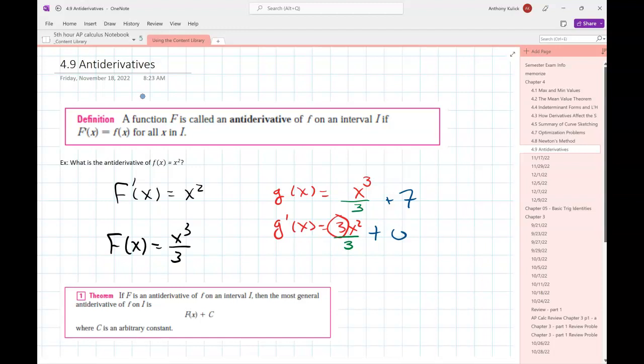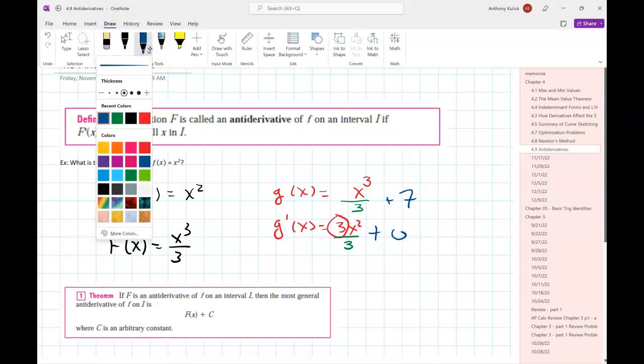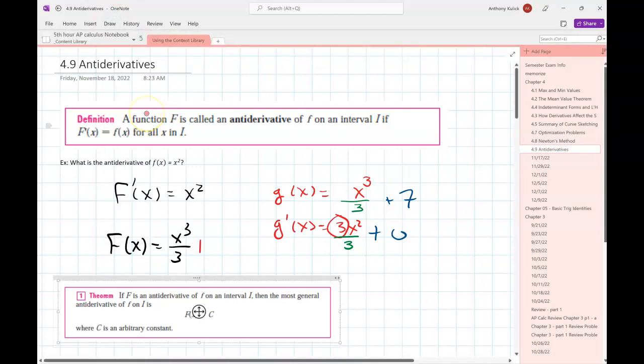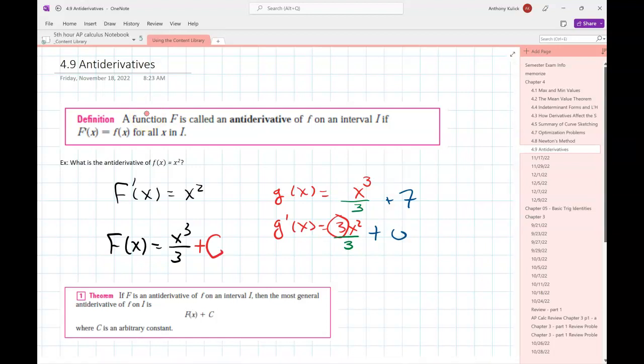What if it was an 8 instead? Or 16? Or 56? Or negative 132? They're all going to 0 and disappearing, right? So this needs a plus c at the end to acknowledge that there could have been some extra constant hanging on that just gets blown up and disappears when I do the derivative.